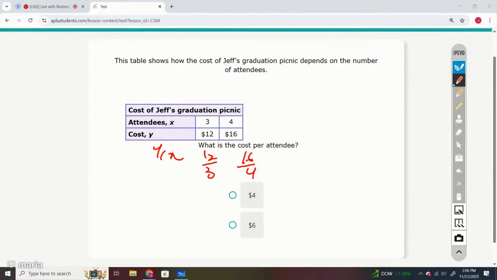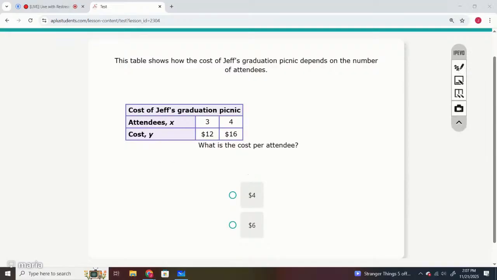So which is the correct option? The correct option is $4. Option number 1 is the correct option.